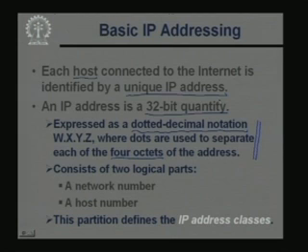Now, this IP address logically contains 2 parts. Well, one part identifies a network. Suppose your computer is located inside your organizational network. So, the first part of your computer address will identify the address of your network. So, using that information, the packet must first reach your network.